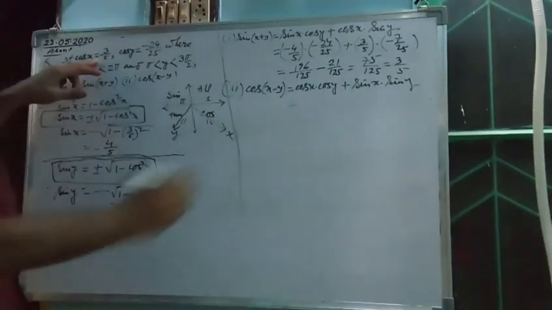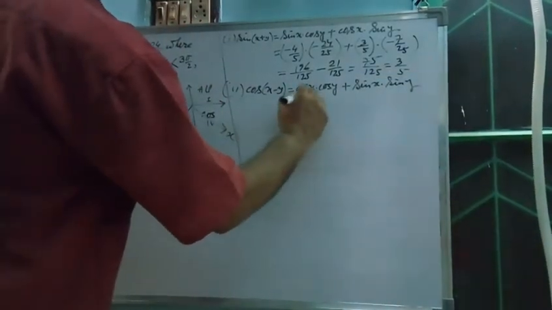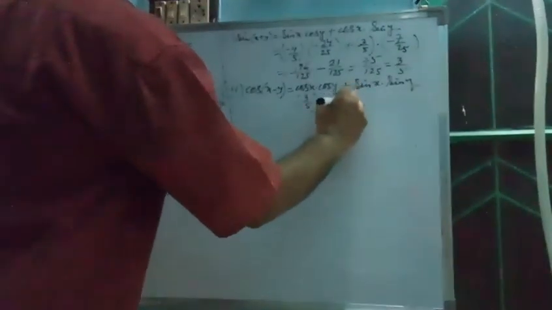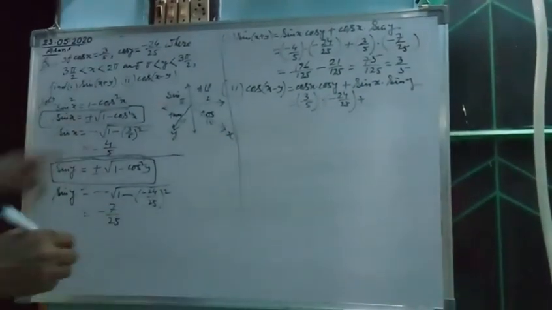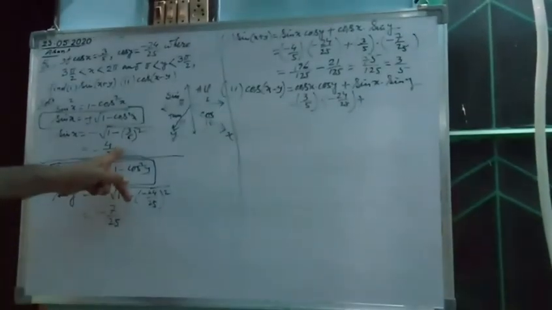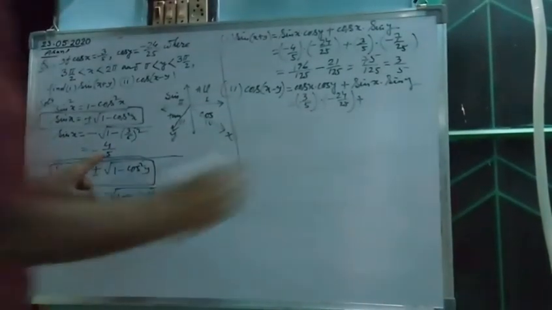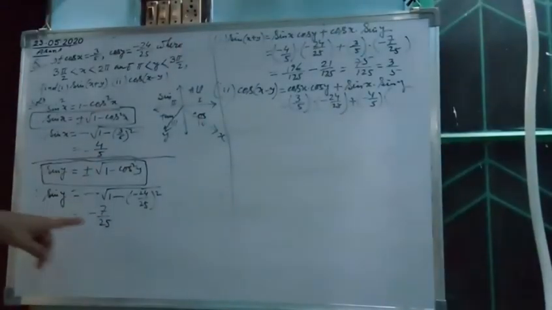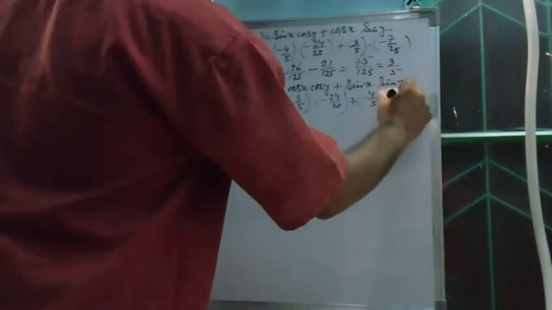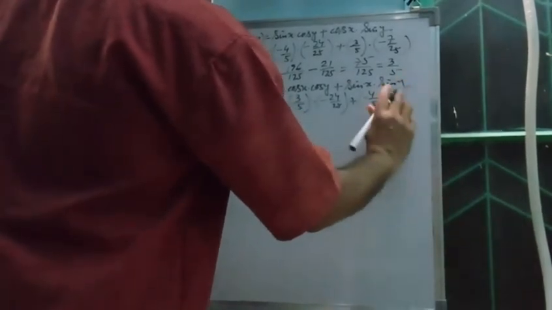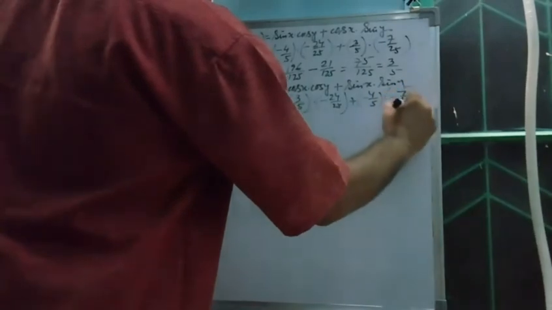Cos x is given 3 by 5, into cos y, which is minus 24 by 25, plus sin x, which we calculated as minus 4 by 5, into sin y, which is minus 7 by 25.